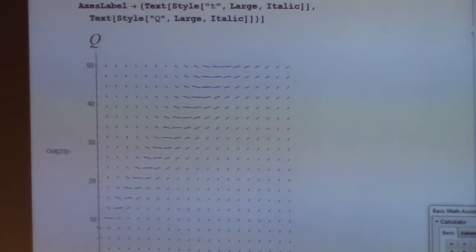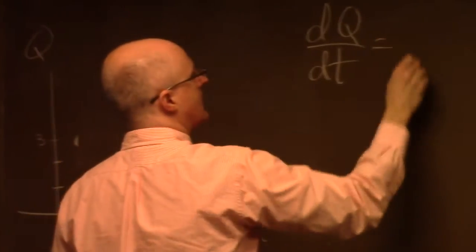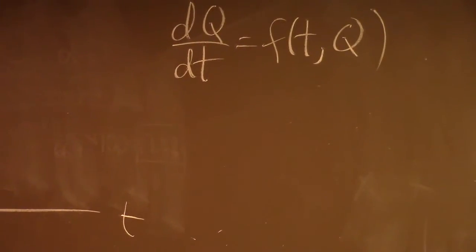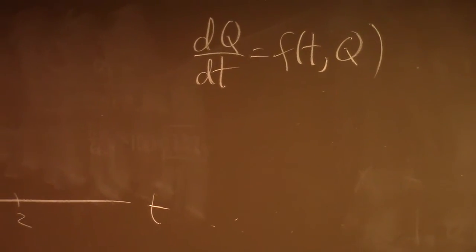Now we want to relate it to differential equations. In this case, dq/dt equals f of t comma q. That's the formula there.